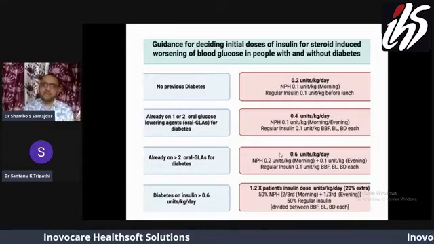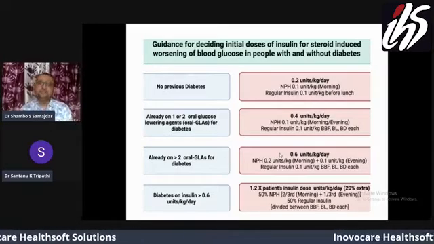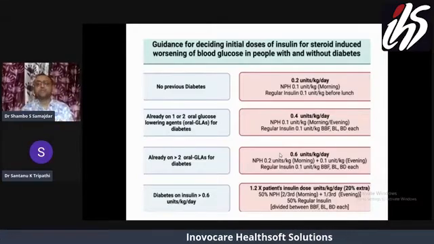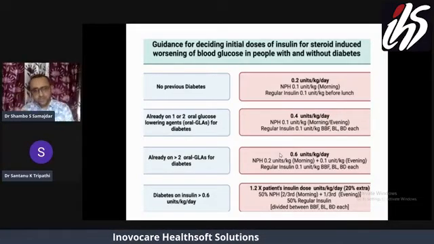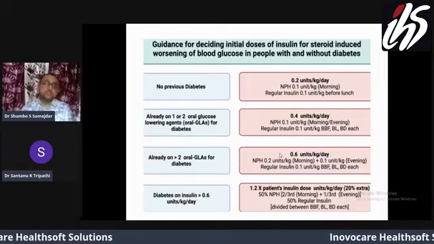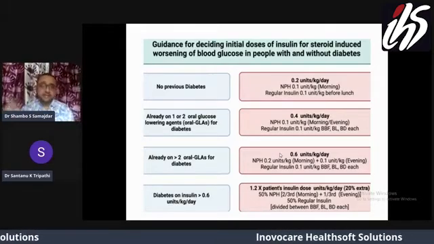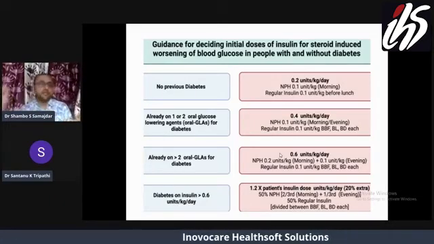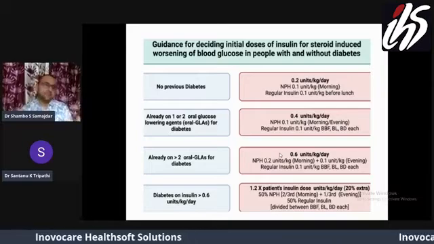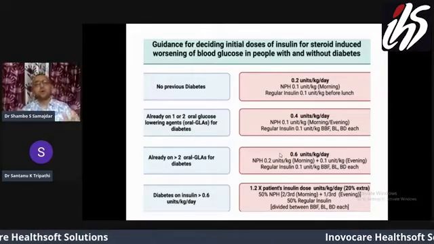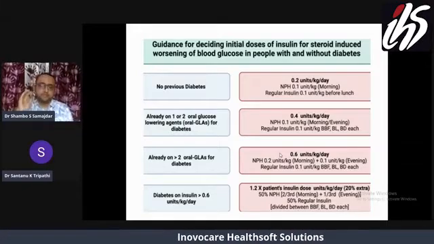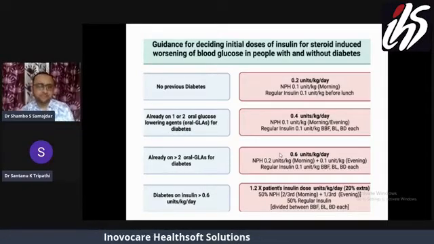Again, if we revisit that diagram of the steroid-induced hyperglycemia pattern, we know that the 2-hour post-lunch afternoon period is when the maximum glycemic surge happens.